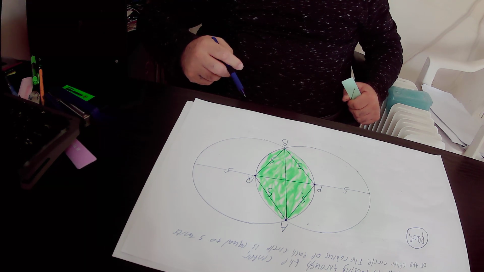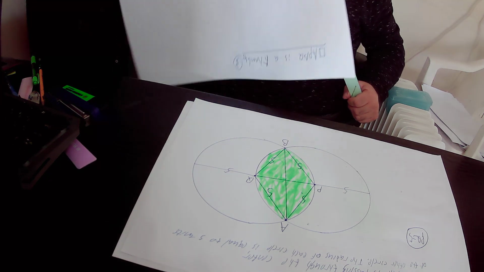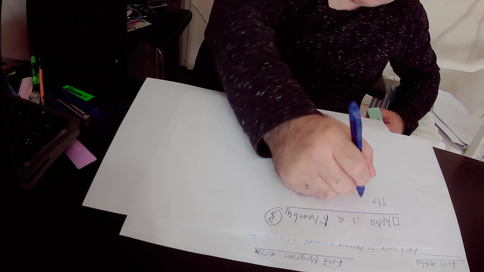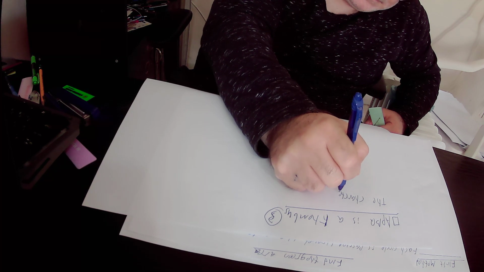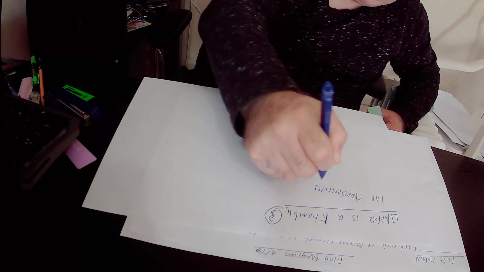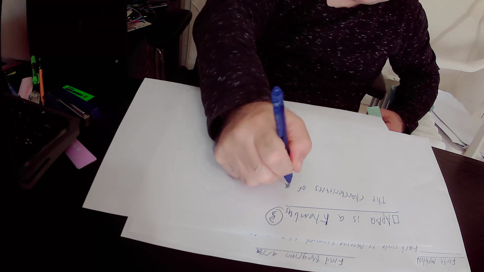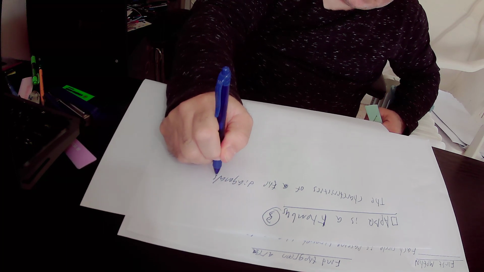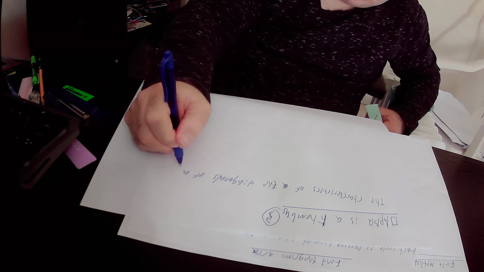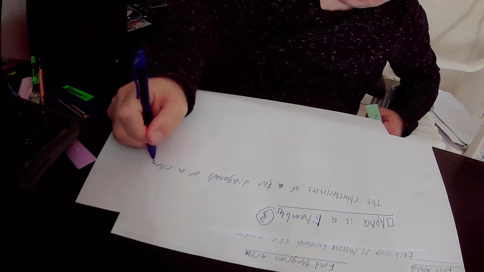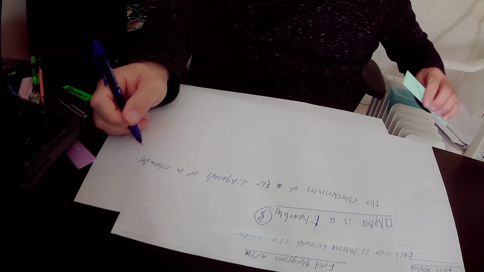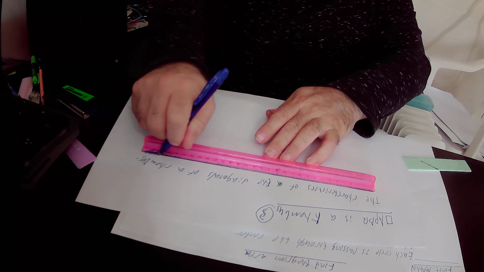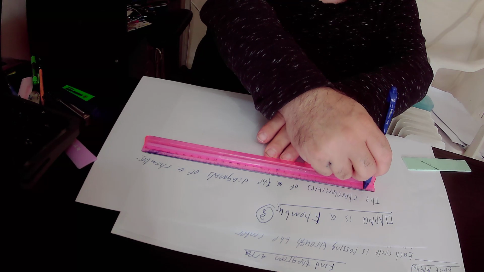The diagonals of a rhombus have two characteristics that are relevant to this question, so I'll write them down.